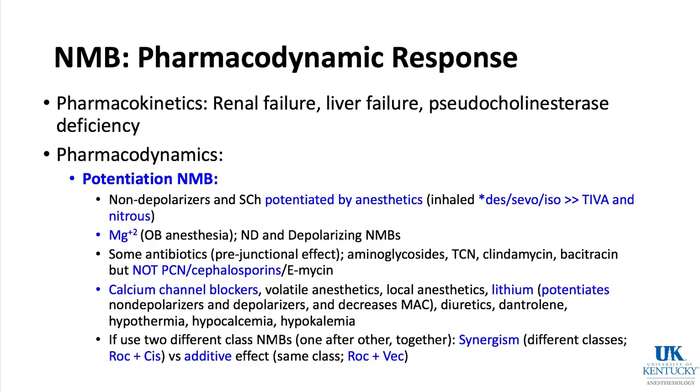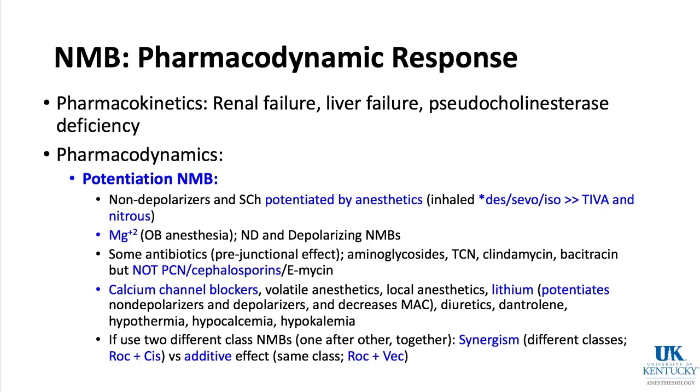If you combine two classes of neuromuscular blocking agents, you can get some weird effects. If you combine rocuronium with vecuronium, they're both steroidal neuromuscular blocking agents. Pancuronium is a steroid, vecuronium is a steroid. Combine two steroids together, you tend to get an additive effect.